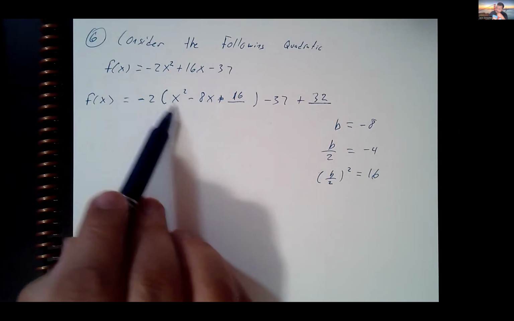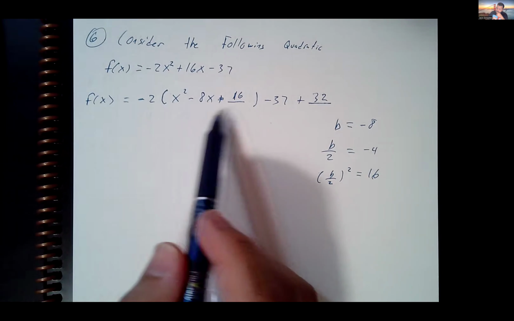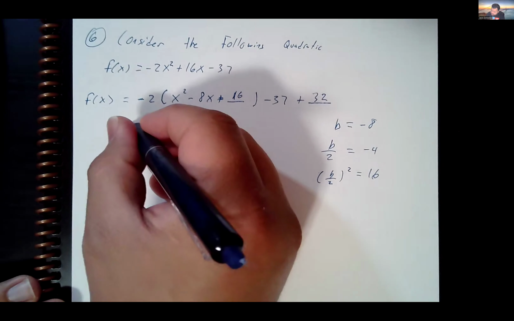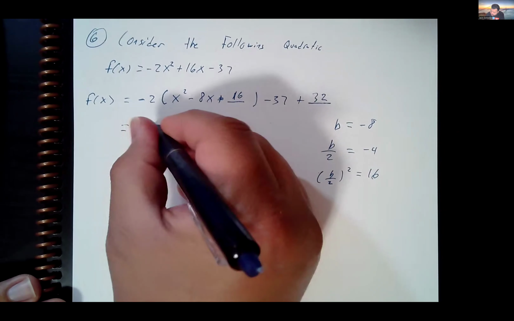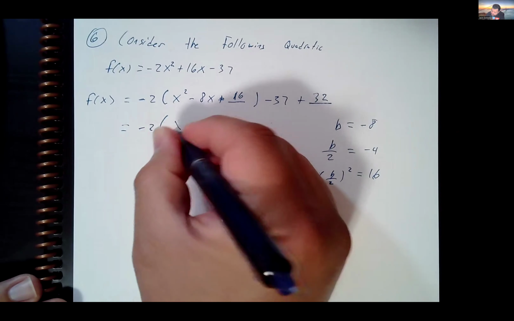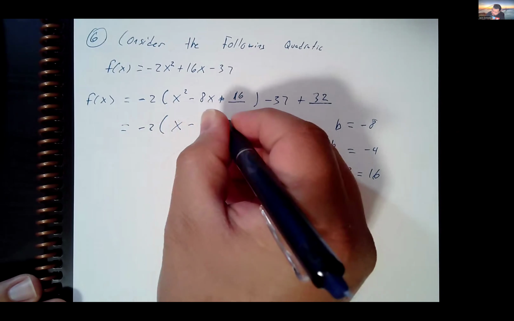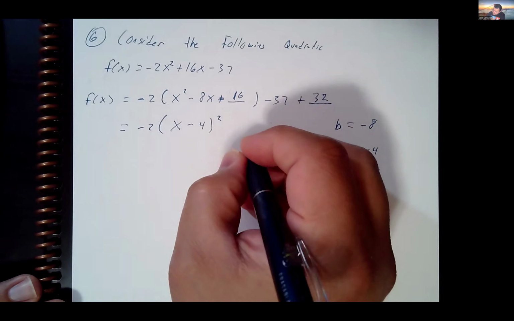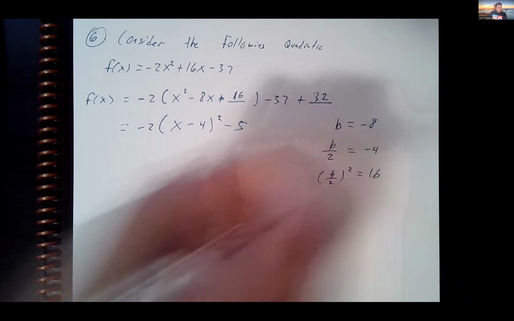So I'm going to manipulate this part and complete the square. This becomes, once you can now factor it, (x - 4)². -37 plus 32, that is a -5.